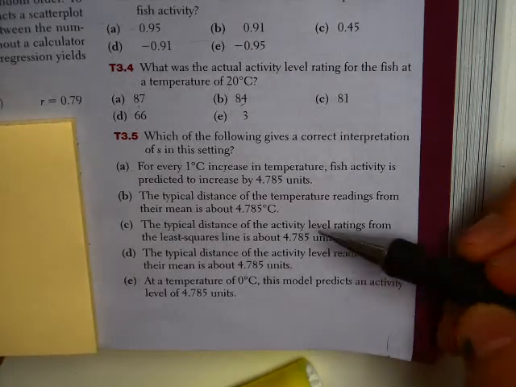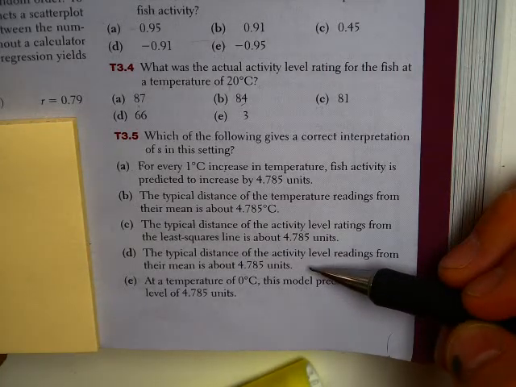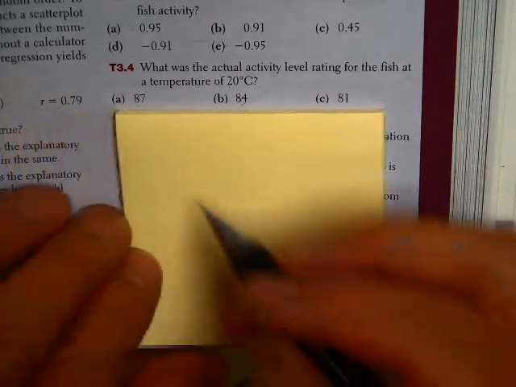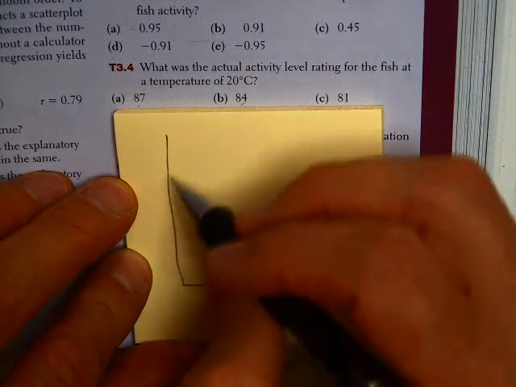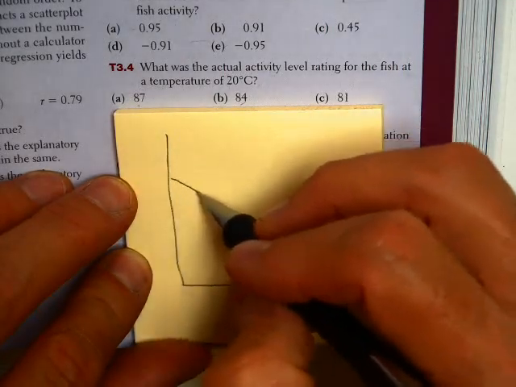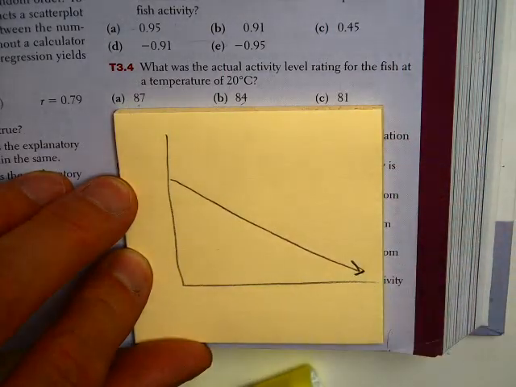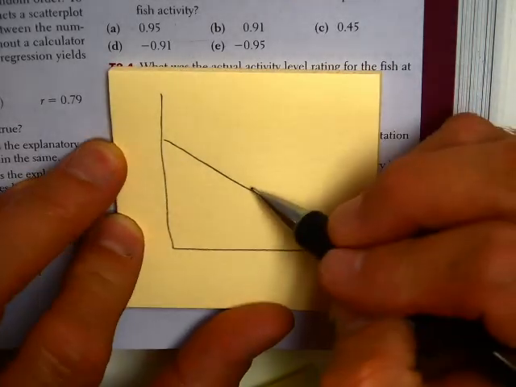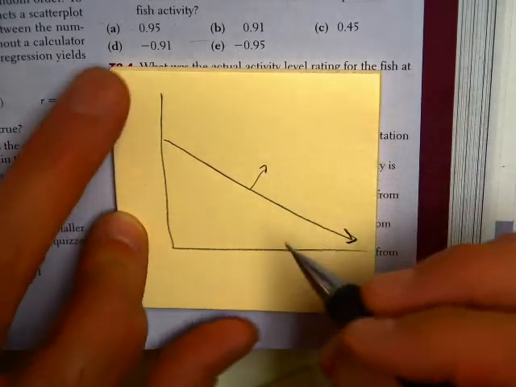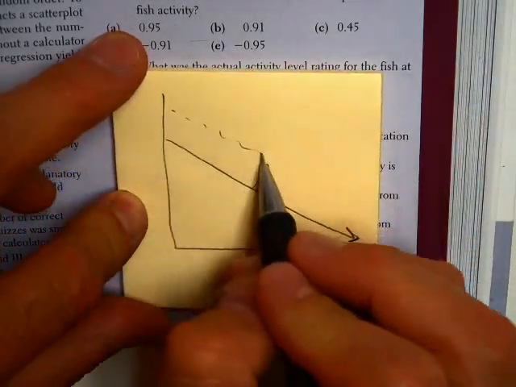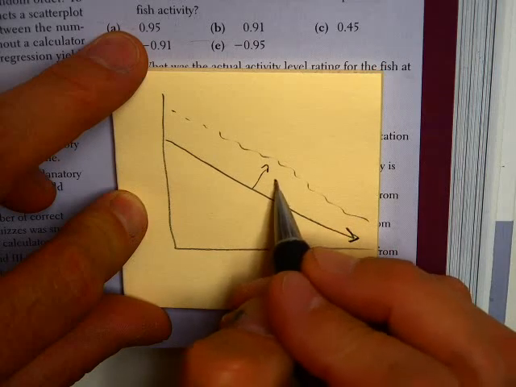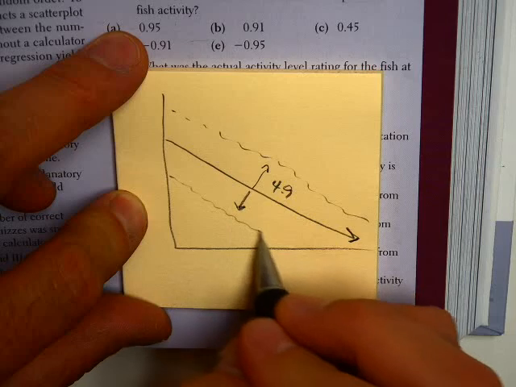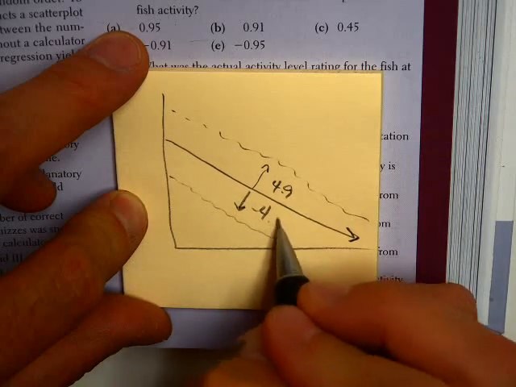Okay, so it really comes down to between C and D. Which one's the better answer? The better answer is C, and here's why. We're talking about a line of regression. It has a negative slope, and basically what this standard deviation is doing is we are above this line by about 4.785 units, or about 4.9 units, and we are below that at about negative 4.9 units.